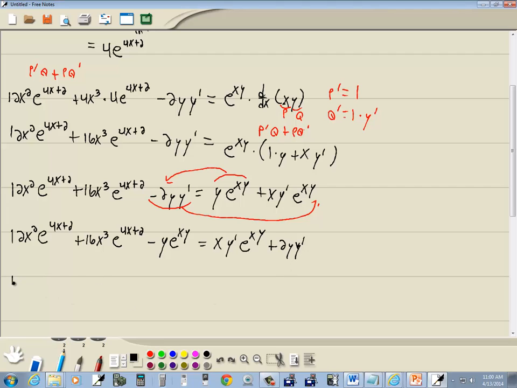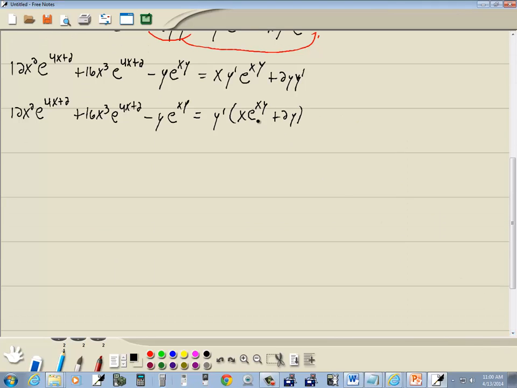Okay, so I'm going to have 12x squared e to the 4x plus 2 plus 16x to the third e to the 4x plus 2 minus y e to the xy. And I want to factor out a y prime over here. And that leaves us x e to the xy plus 2y.